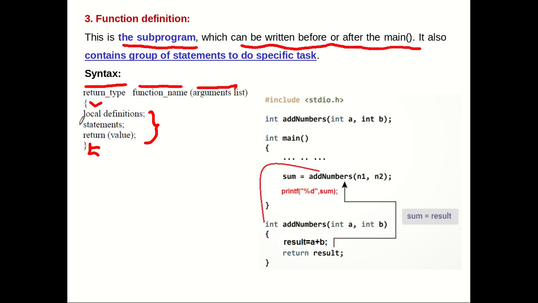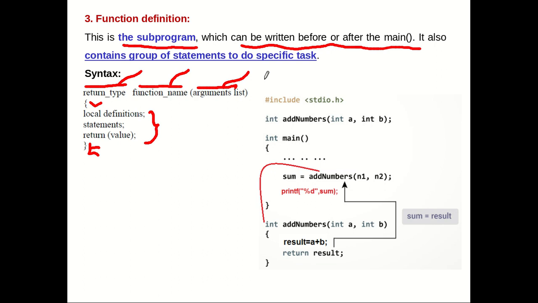So this syntax you have to follow. The name of the function has to match the prototype name. The return type also has to match the prototype return type. The argument list has to match the number of arguments which you have specified in the prototype. So let us see an example.